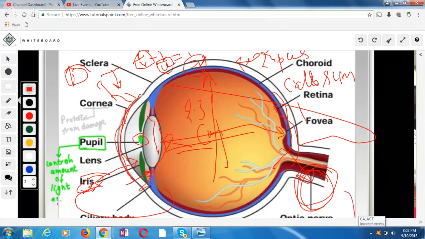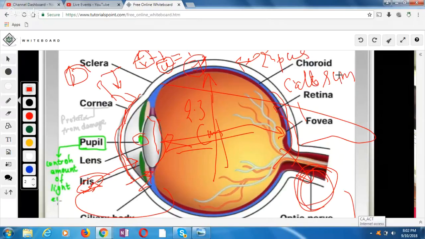Because the image formed inside the human eye is real and inverted, inside the brain it is converted into real and erect, and that's why we are able to see any particular object in the form we perceive it.